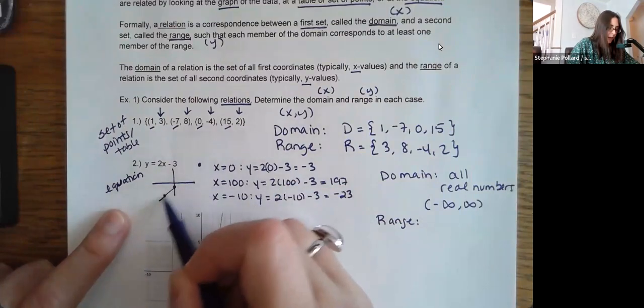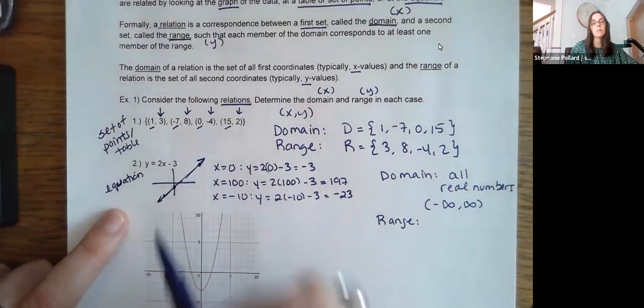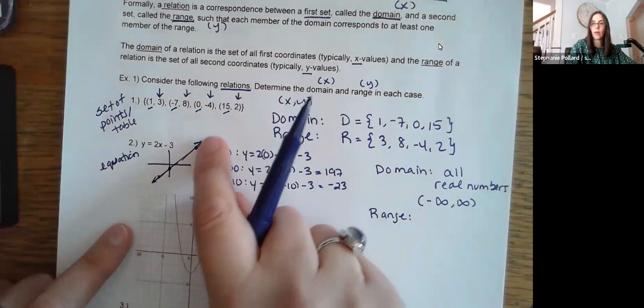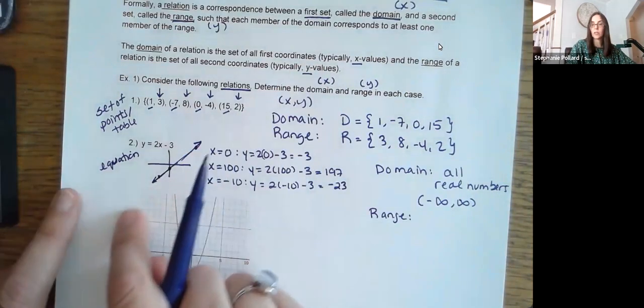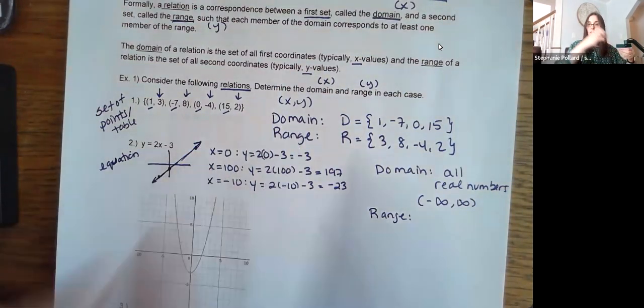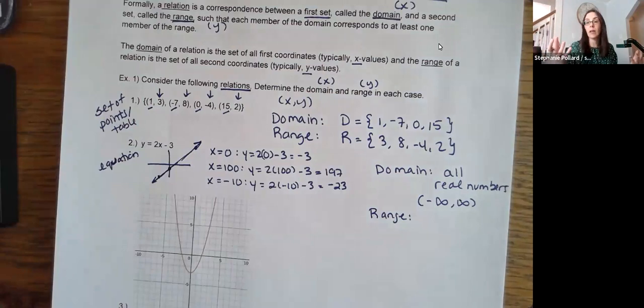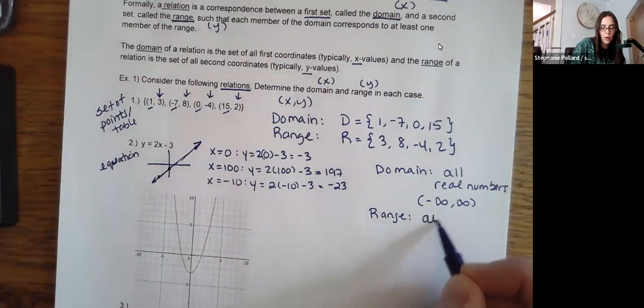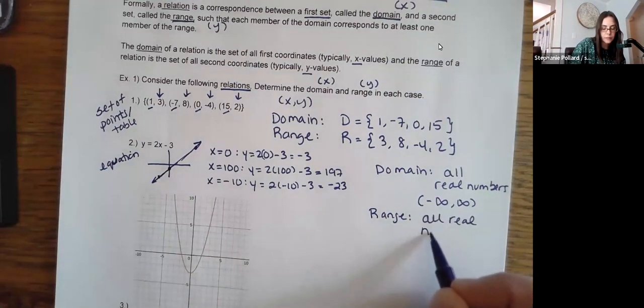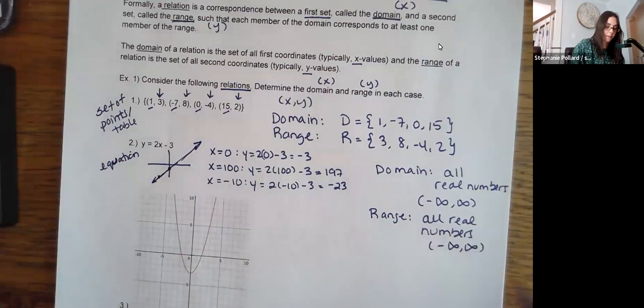But I get a graph that looks something like this. And you can see that the graph is going to keep going up, and it's going to keep going down in this direction. So theoretically, it should also encompass all the y values as well, right? I'm not skipping over any y values or anything like that. So our range here is also all real numbers, or -infinity to infinity.